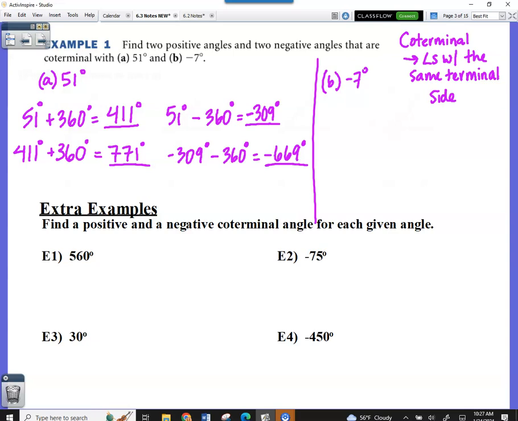So you're adding a rotation, writing it, adding a rotation, writing it. Then you're going back to negative 7 and taking off a rotation, subtracting a rotation, writing it, and then subtracting. Tell me if you've got these numbers.